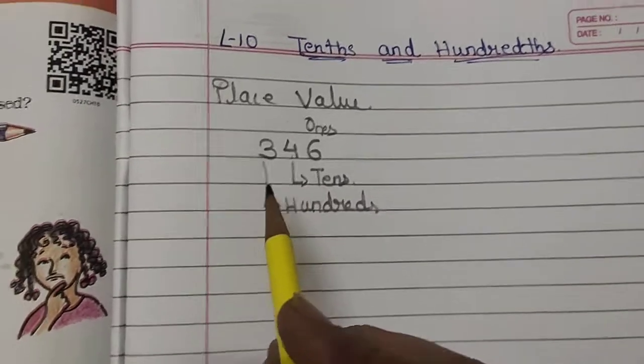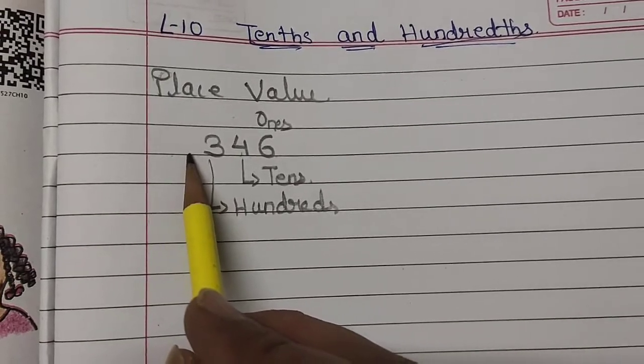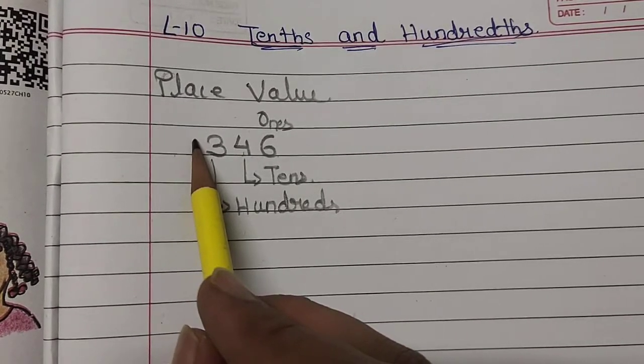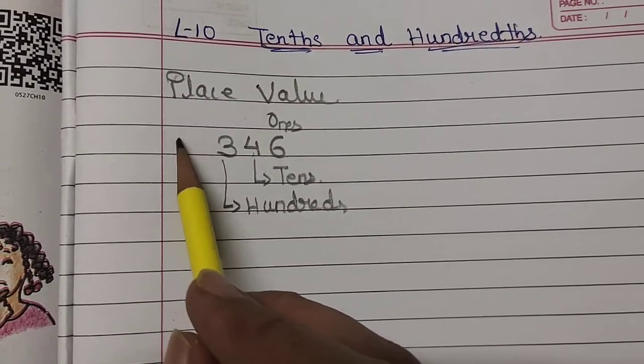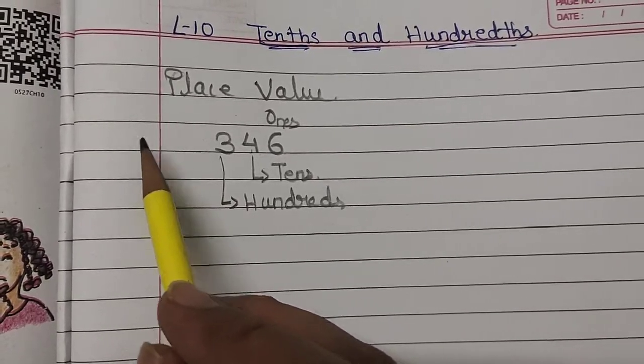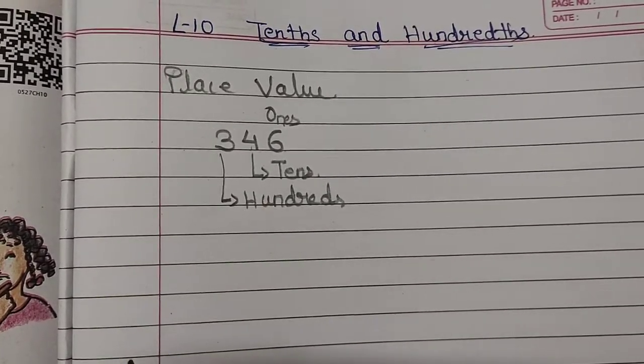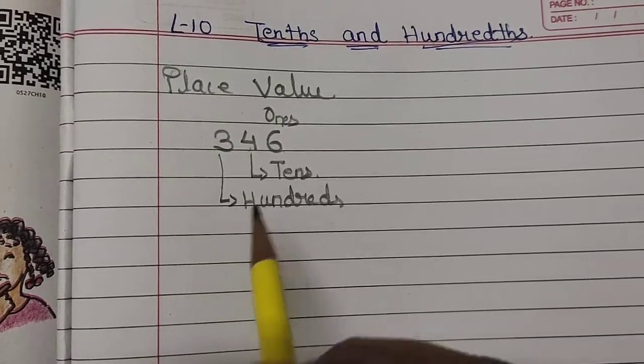Okay. So as we go further this side, then it will be 1000, 10,000, lakh, 10 lakh and crore. This we have studied in our previous lessons.